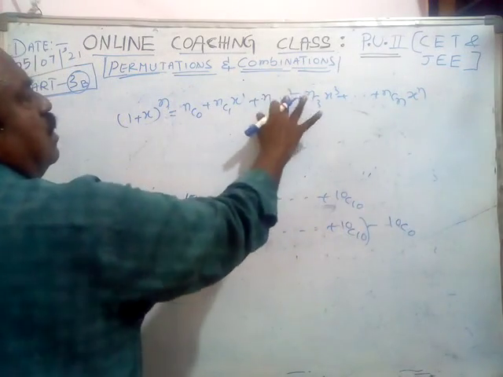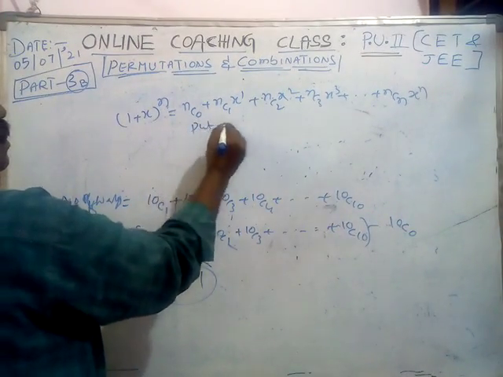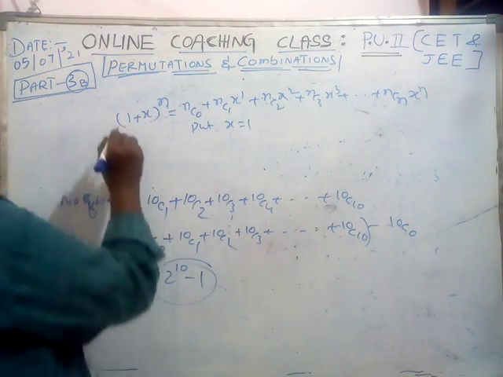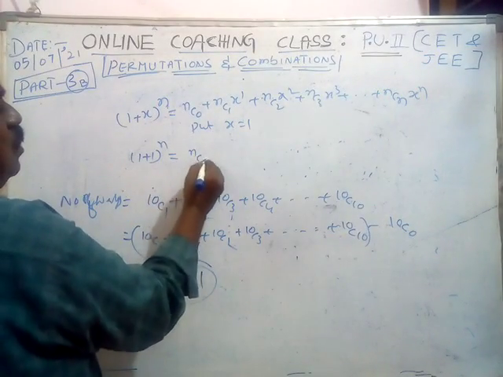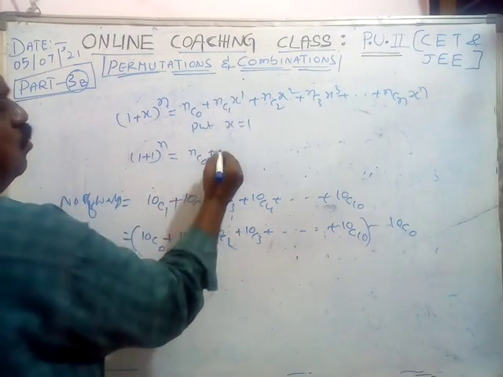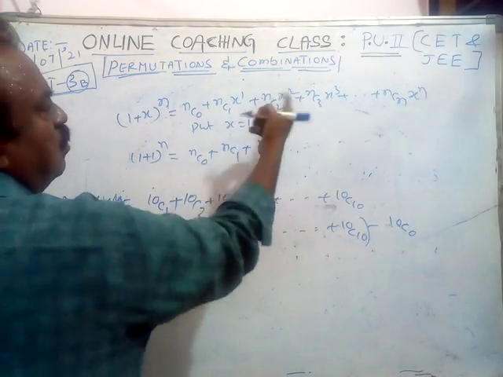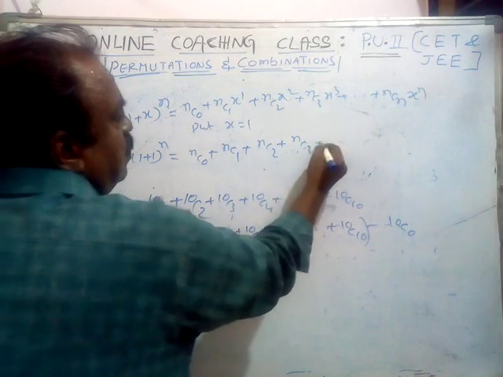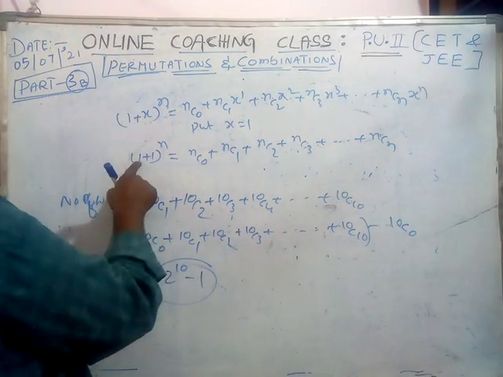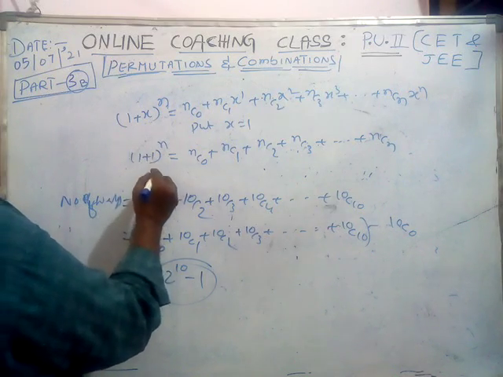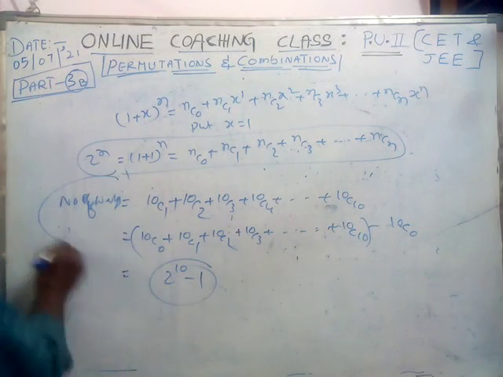Here put x equal to 1. It is (1 plus 1) power n, equal to nC0 plus nC1 plus nC2 plus nC3 up to nCn. 1 plus 1 is 2, so it is 2 power n. This is the formula I am applying here.